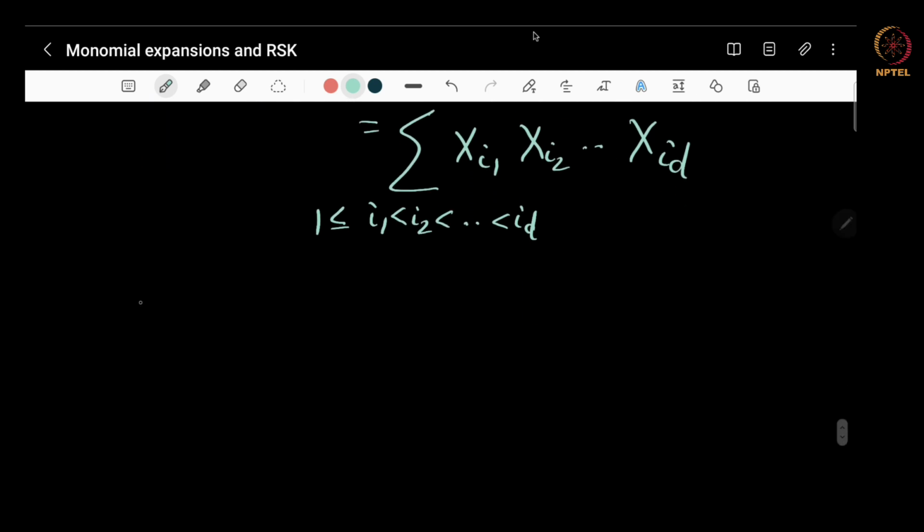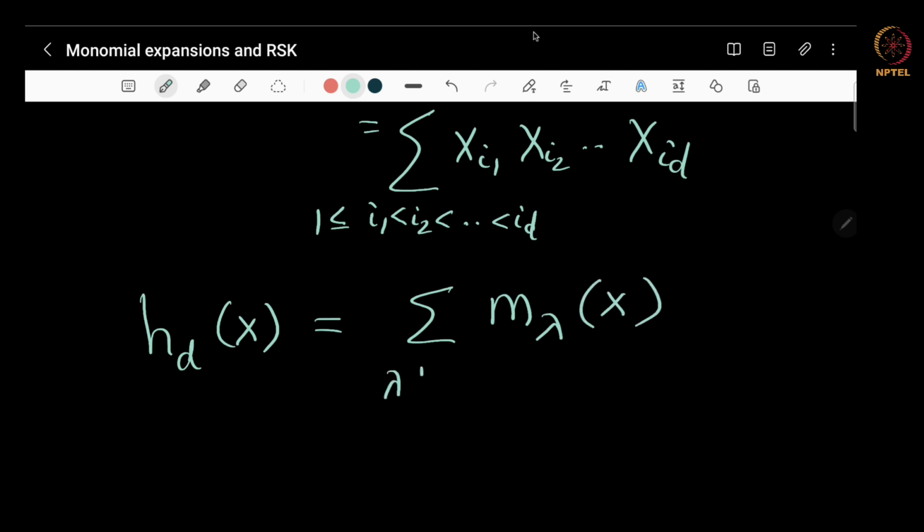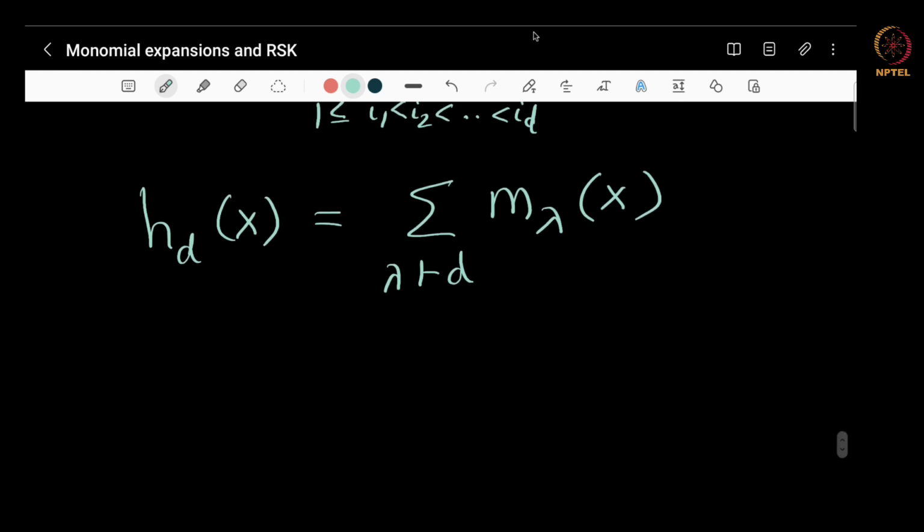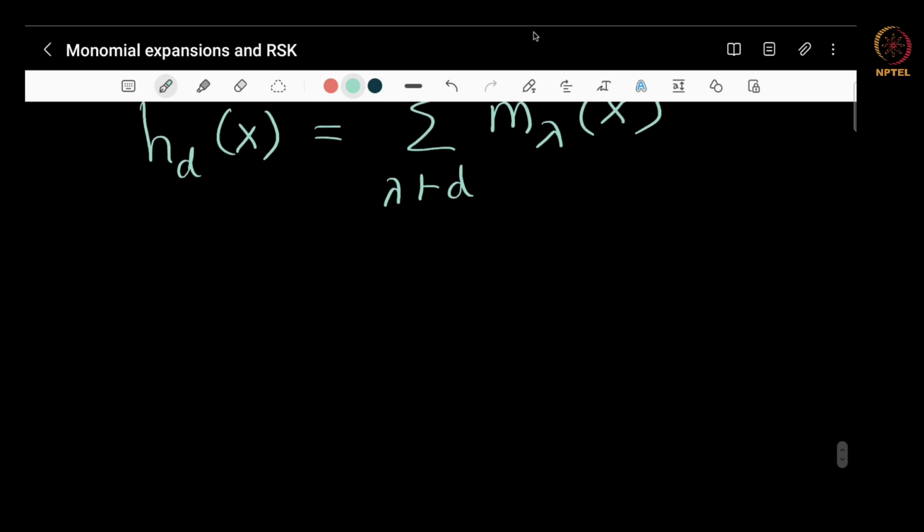Now what's the complete homogeneous symmetric function of degree d? Well, as before, it's just the set of all monomials of degree d. Take all monomials corresponding to partitions of d and sum them all up. Or in other words, I take the sum of all the monomial symmetric functions corresponding to partitions of d. That's my h_d of x. And if you recall how we define the more general versions, if I want to talk about e_lambda of x, how do I define this?